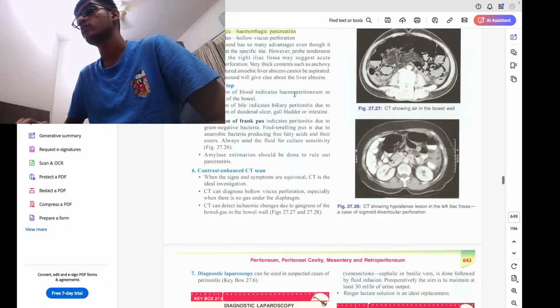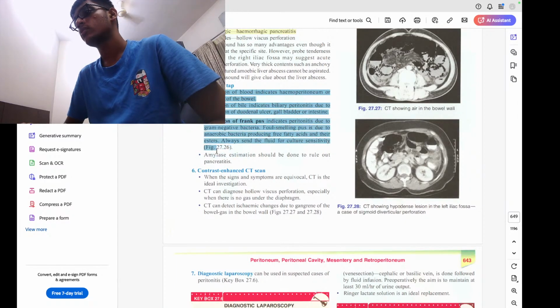Abdominal tap: aspiration of blood is indicated in hemoperitoneum or gangrene of the bowel. Bile indicates biliary peritonitis or perforation of the bowel. Frank pus is due to gram-negative bacteria. Foul-smelling pus is due to anaerobic bacteria producing free fatty acids and esters.